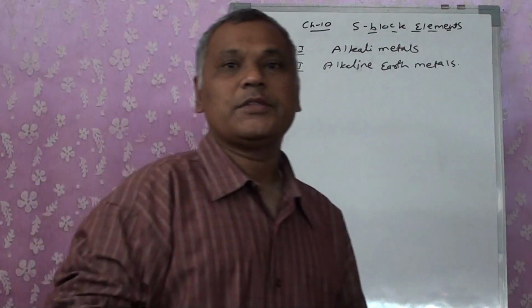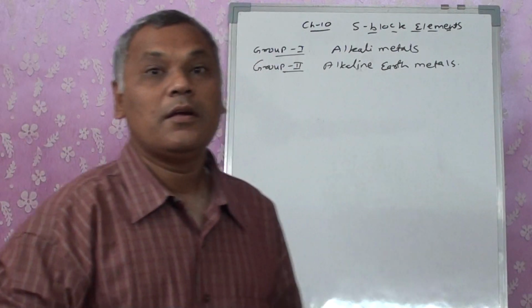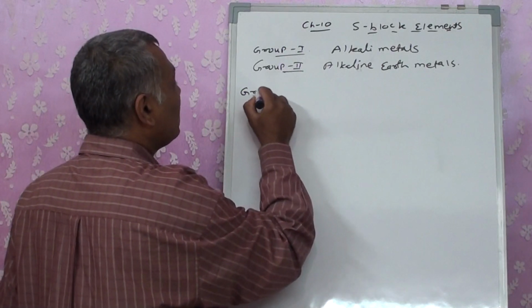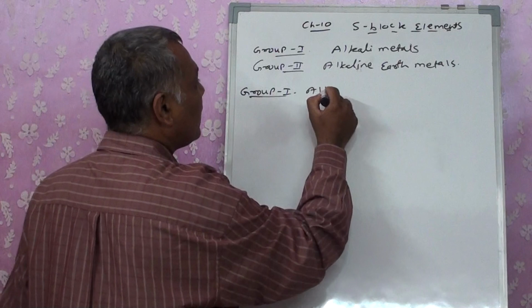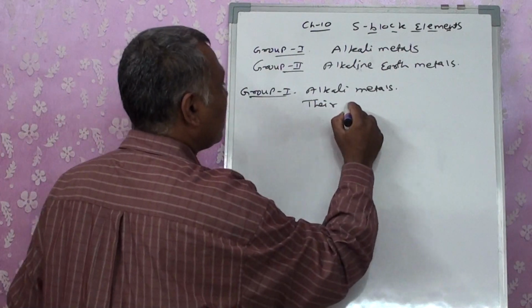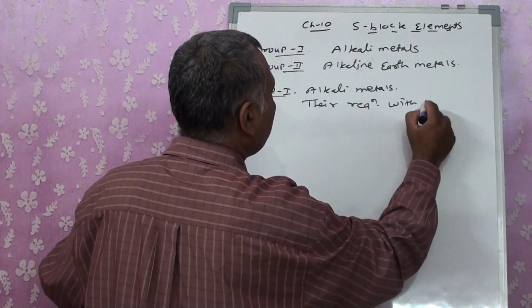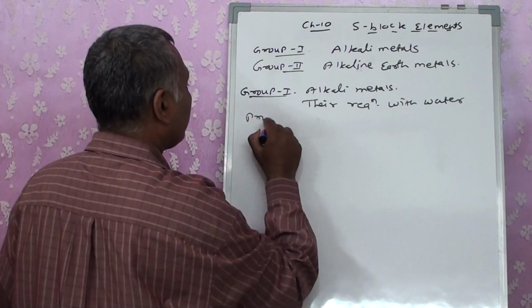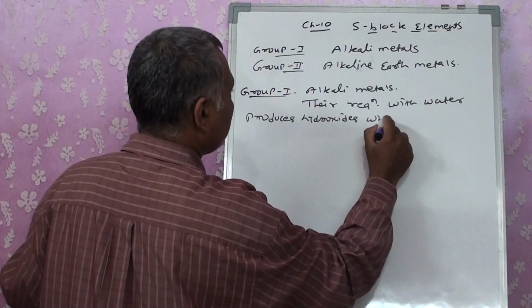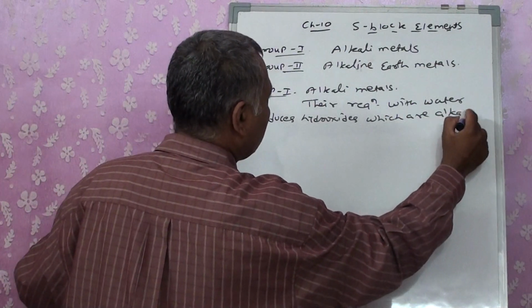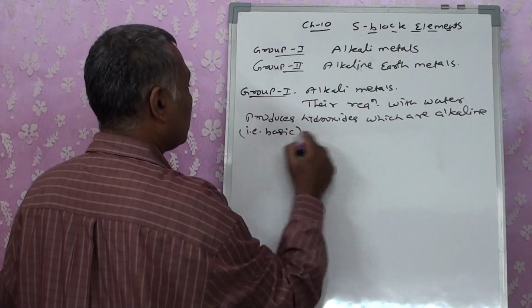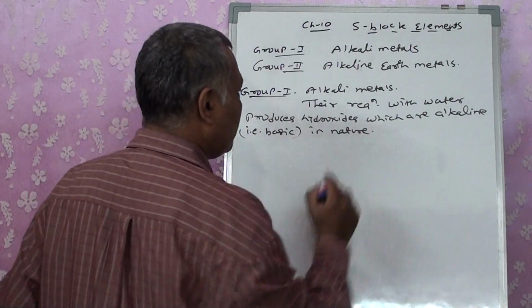Particularly, the first group elements are termed alkali metals. The reason is that when group 1 alkali metals react with water, they produce hydroxides which are alkaline, that is, basic in nature.